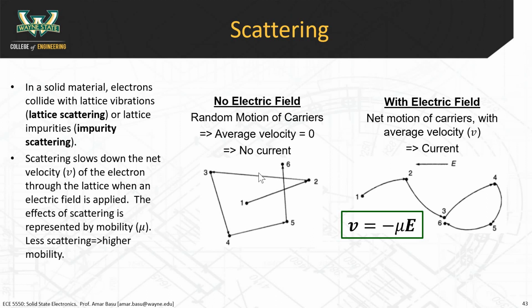Versus in a semiconductor, if you put a voltage across it, that potential energy is converted to kinetic energy, so the electrons start to move, but they are also bumping into things. It's scattering. So the potential energy is not completely converted into kinetic energy.